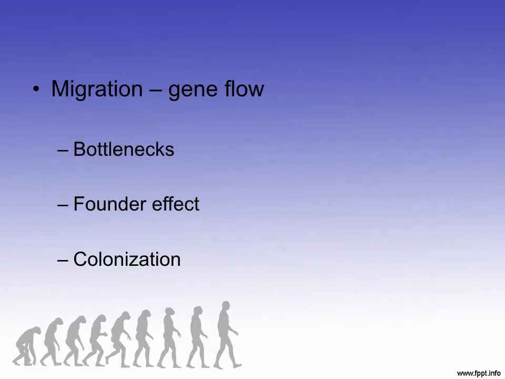Migration, or gene flow, is the force of evolution where genes are introduced into a population from another population. So the genes or the alleles are flowing from one population into another population. So think about Neanderthals and modern humans.